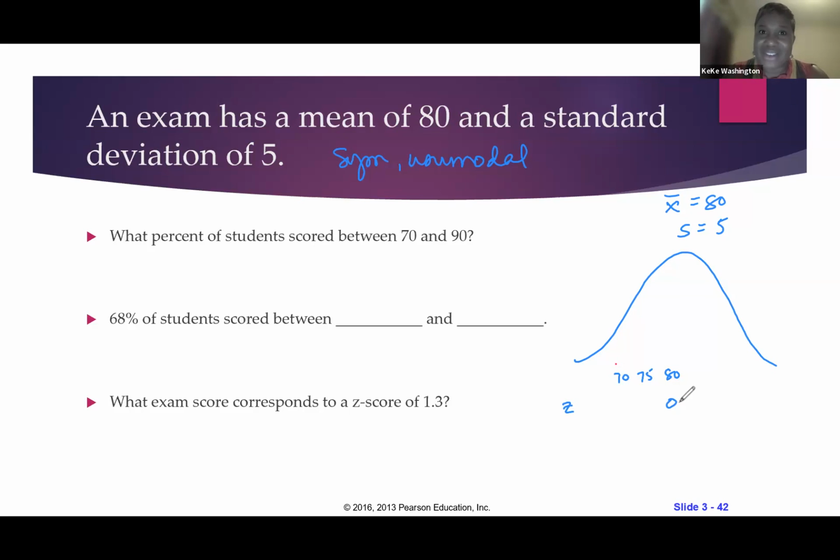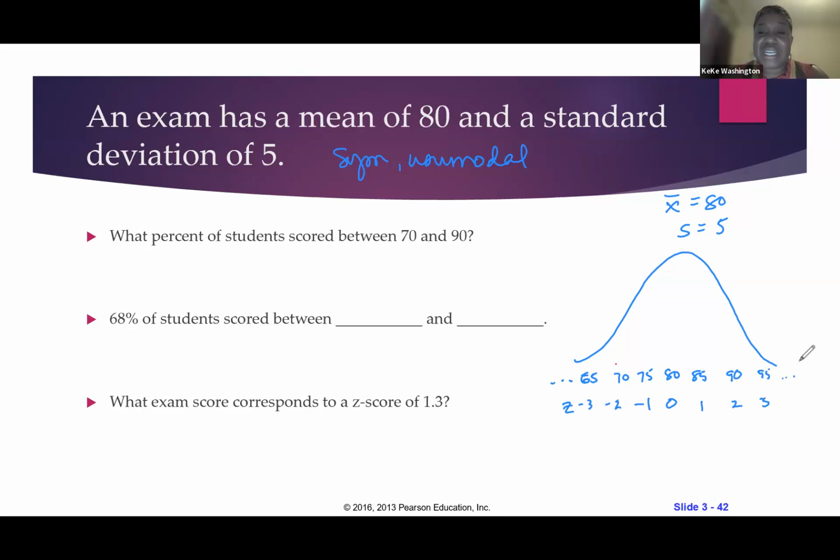So if you're at the mean, you have a z-score of 0. 75 is 1 standard deviation below. 70, 2 standard deviations. 65 will be 3 standard deviations, and so forth. Above the mean, 85 is 1 standard deviation above. 90, 2 standard deviations above. 95, 3, and so forth.